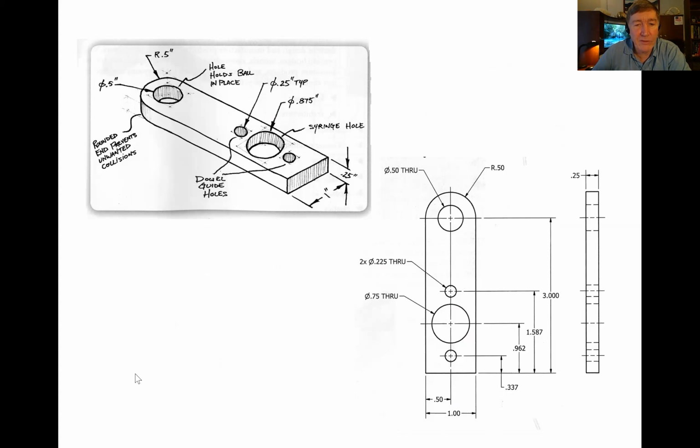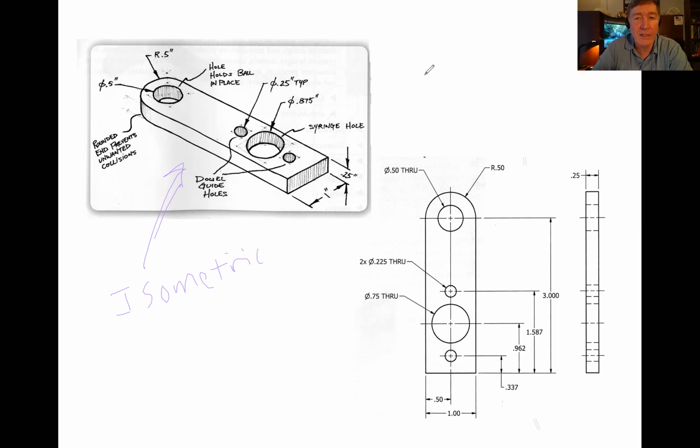Now, orthographic drawings sometimes are a little bit hard to interpret. And so it's very common that when an engineer does an orthographic drawing, they also include an isometric drawing to go with it. Because isometric drawings, when you look at it, it's pretty clear what's going on here. If all I saw was this drawing right here, it's not so obvious what's going on.